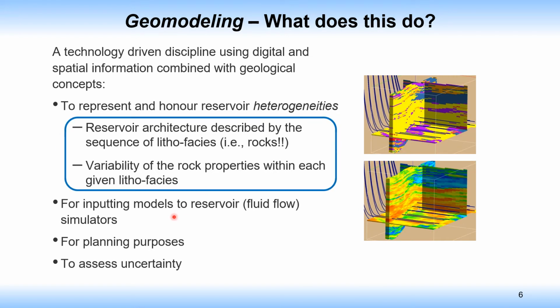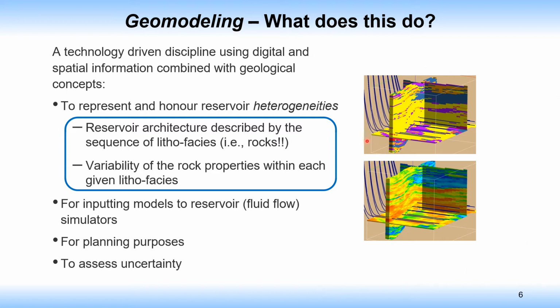We use this information from the models for inputting the reservoir simulation for flow to understand reservoir performance, for planning purposes, to assess uncertainty, and make our overall reservoir plans.